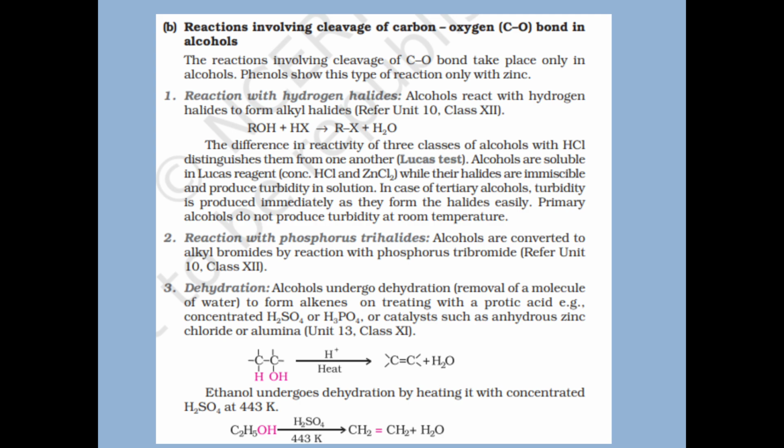The reaction with phosphorus trihalide: alcohols are converted to alkyl bromide by the reaction with phosphorus tribromide. Dehydration: alcohols undergo dehydration in presence of concentrated sulfuric acid or phosphoric acid, or catalysts such as anhydrous ZnCl2 or alumina.